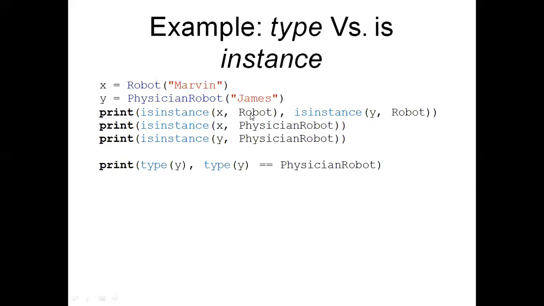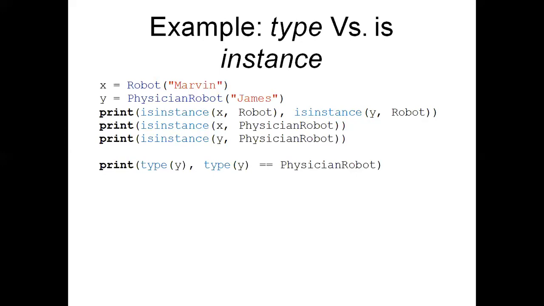So guys, if I talk about x of this robot, I am representing this robot, right? And then I have y of this robot, which means I am representing y of this robot, right? Now, you have to understand this very nicely and very clearly. If I am indicating x of Robot, it is indicating this. If I am indicating isinstance(y, Robot), is it true or false?